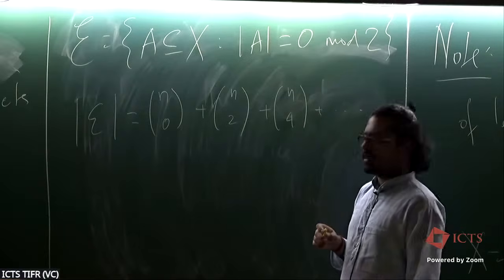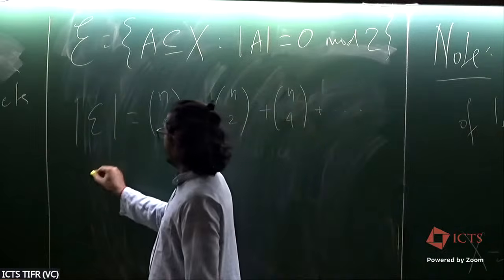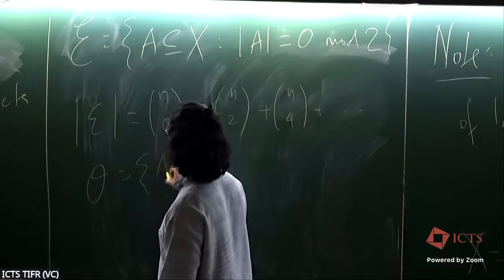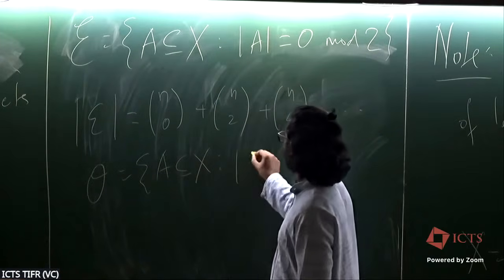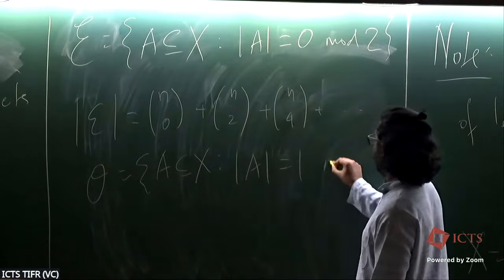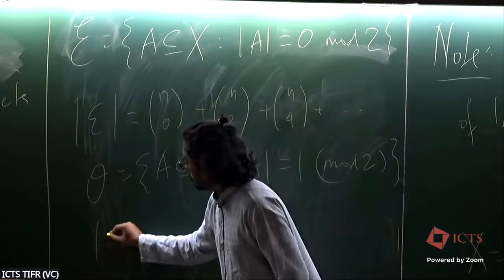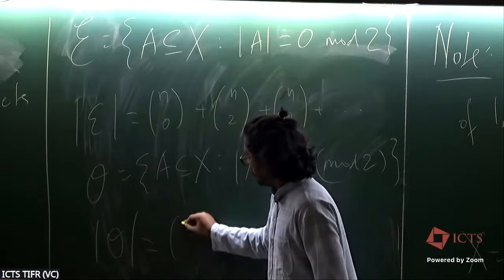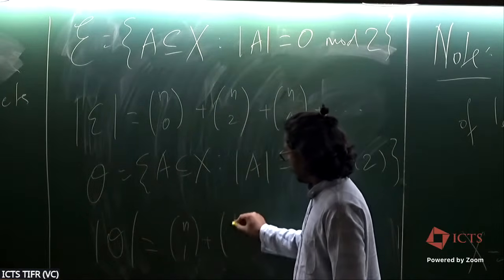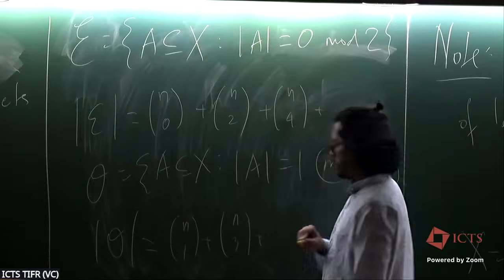Correct? Okay. Similarly, if this is the set of all subsets of odd size, then this would be n choose 1 plus n choose 3, and so on.